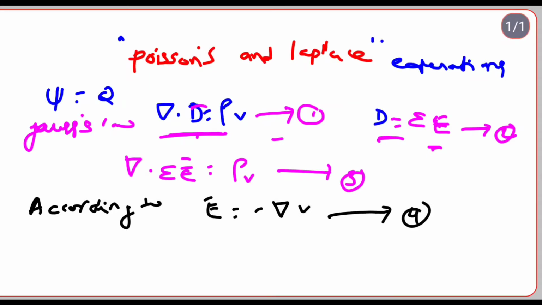What equations did we assume? First, the Gauss law in point form, del dot D equal to rho V, and the relationship between D bar and E bar, D equal to epsilon E. Substituting it gives del dot epsilon E equal to rho V, that is equation number 3.